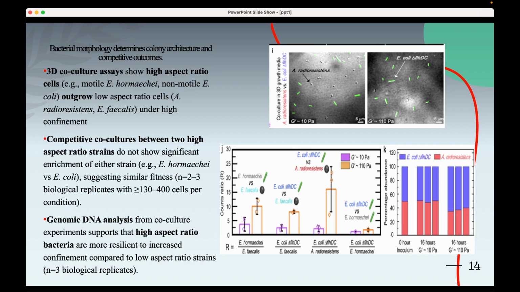Biological replicates with 130 to 400 cells per condition. Genomic DNA analysis from co-culture experiments suggests that the high aspect ratio bacteria are more resilient to increased confinement compared to low aspect ratio strains.